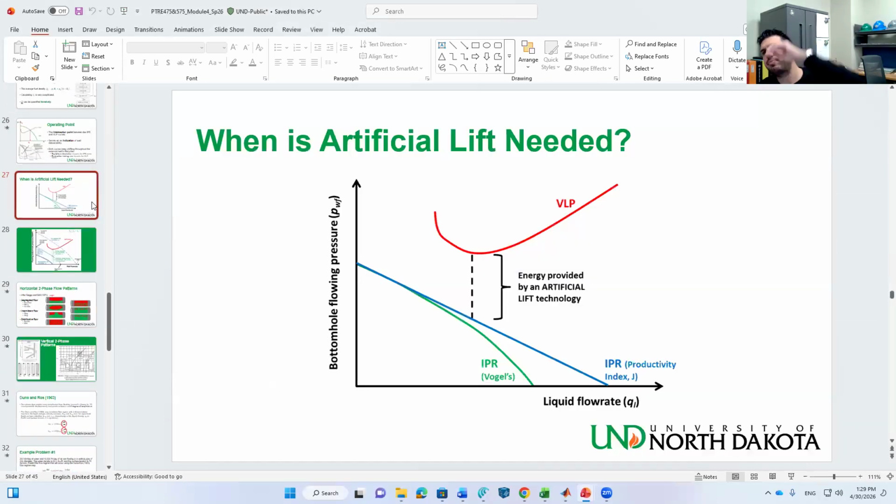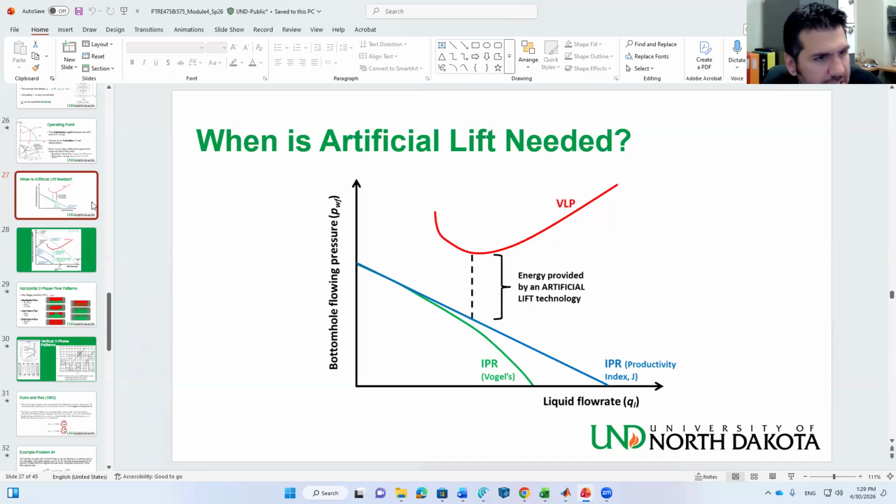There is one slide I want you guys to see, and that is this one. We said in this case, VLP and IPR do not touch anywhere. So the well and the reservoir in itself, with a certain well in place, the tubulars in place inside the well, is not able to bring oil to the surface. So in this case, you need to supply some energy externally, from outside.